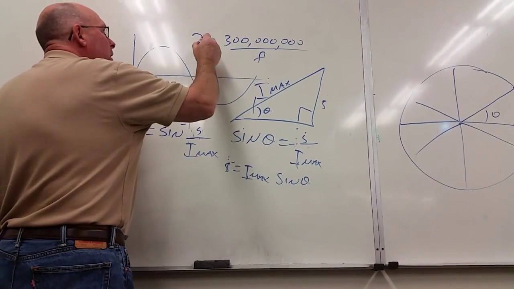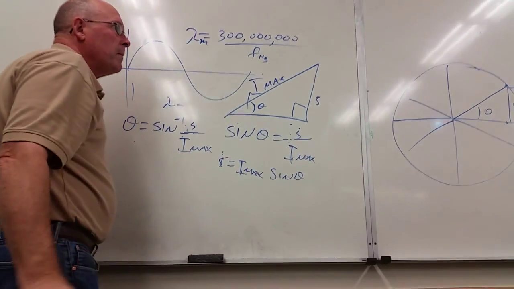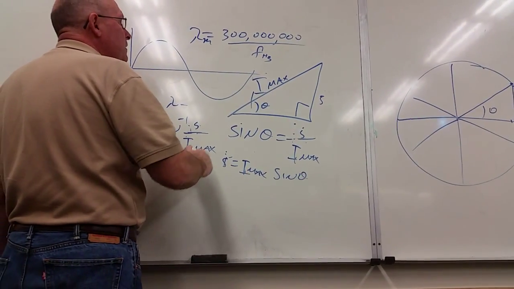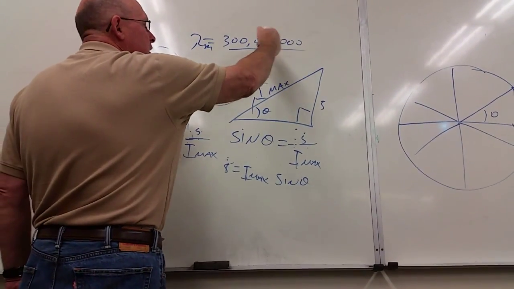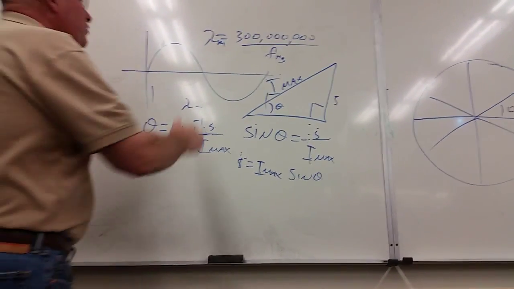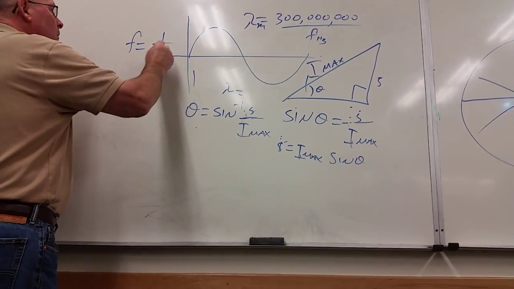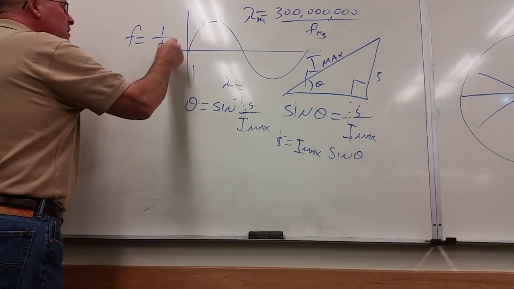And if we do it, and this is in meters and this is in hertz, right? Now if we want to make it kilohertz, or whatever, we can just cross three of these out. Now we also know that frequency is equal to what? 1 over time, and this time is in seconds.